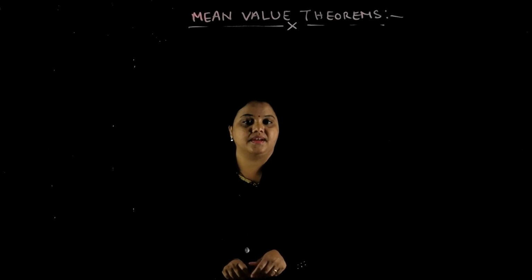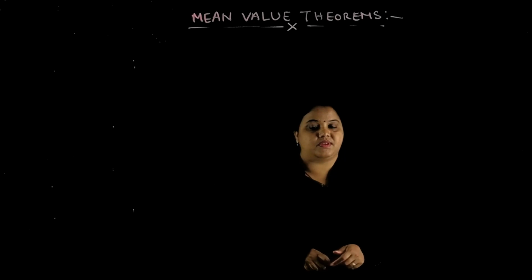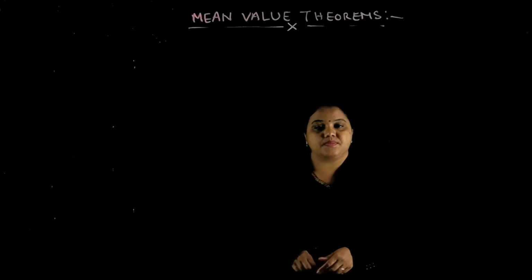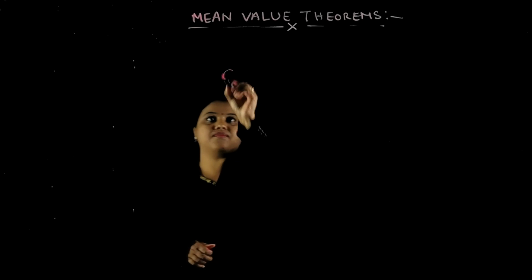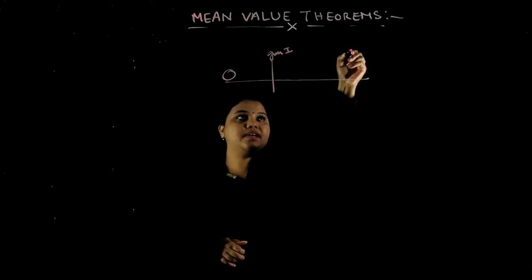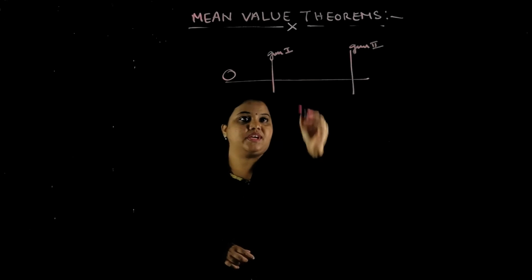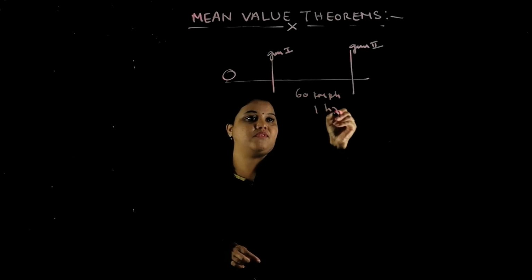Let us see the application of all these theorems. So there are many different applications of this mean value theorems. So one important application is, suppose you are moving by a car from one place to other place, suppose gun 1 is there here and gun 2 is there here. This distance should be covered with a 60 km speed, we can cover in 1 hour.